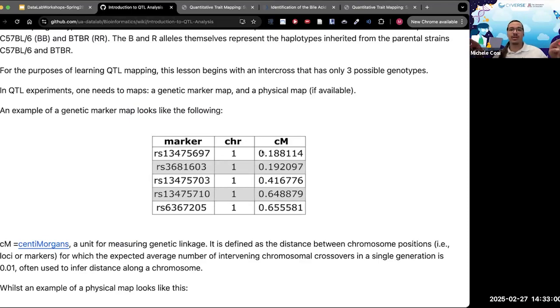Meanwhile, 2 markers that are very far from each other will have a much higher centimorgan. Let me check my notes to make sure that is correct.